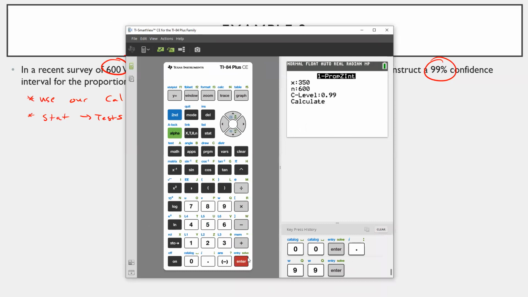And then just hit calculate. Literally, boom. Look, wow, bam, right there. Done. That's your confidence interval. Yeah, I agree. So look, it's 0.531 to 0.635.